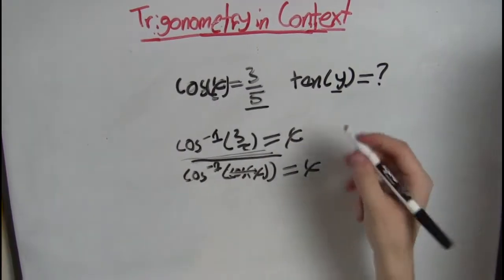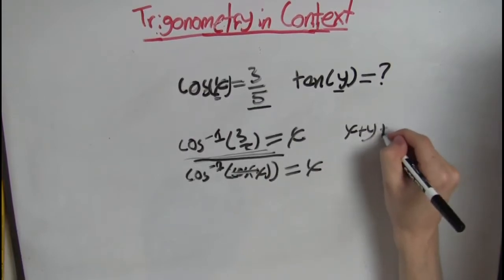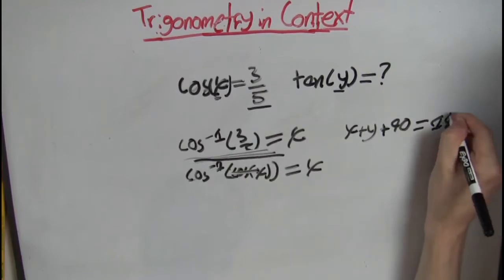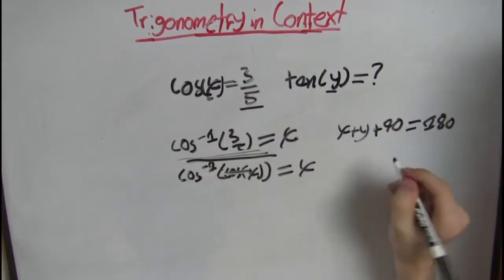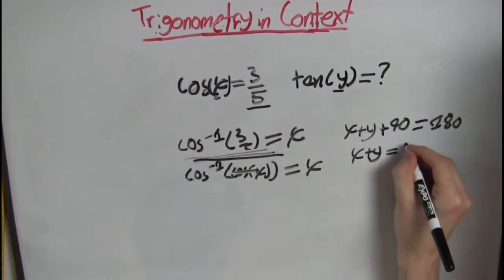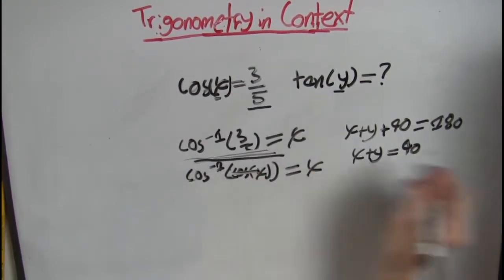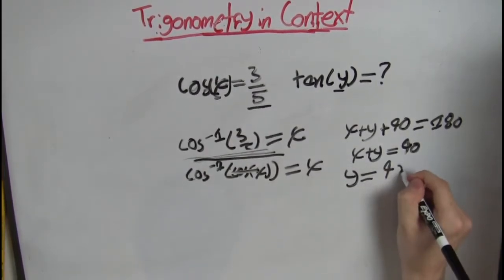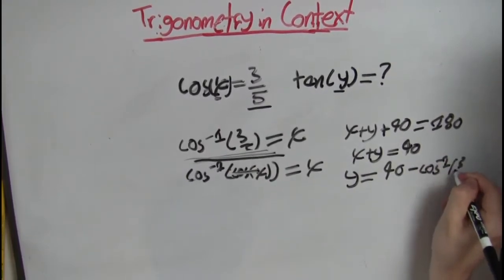And since we're in a triangle, I know that x plus y plus my 90-degree angle has to equal 180 degrees, because there are 180 degrees in a single triangle. So I'm really saying x plus y equals 90.